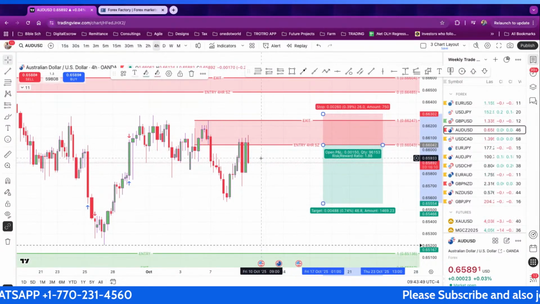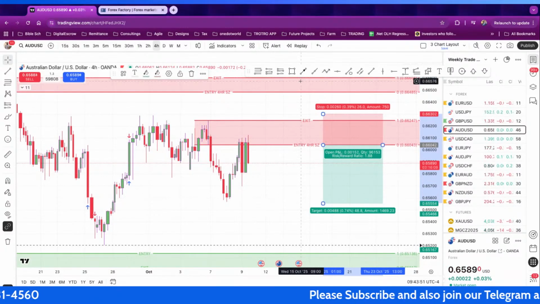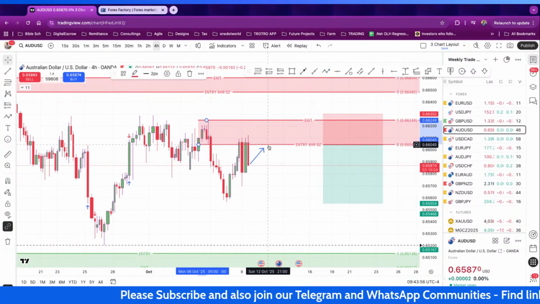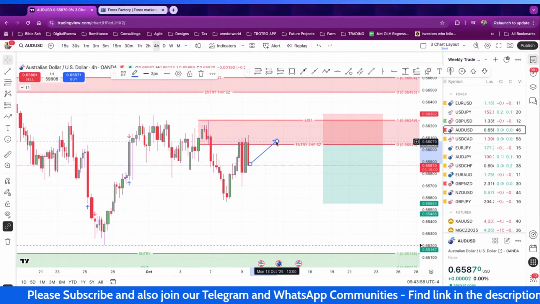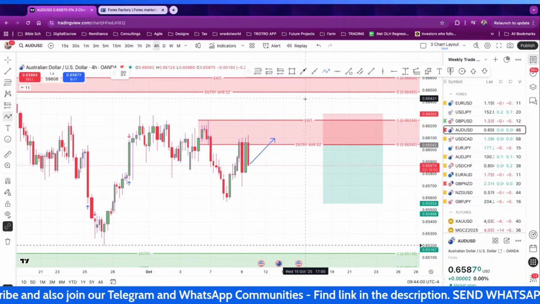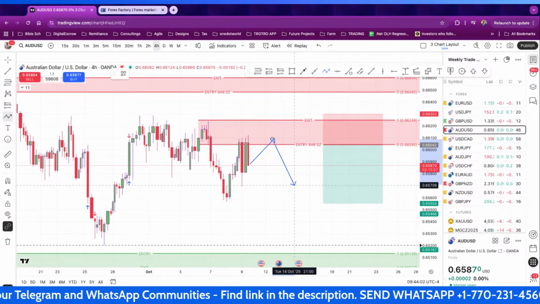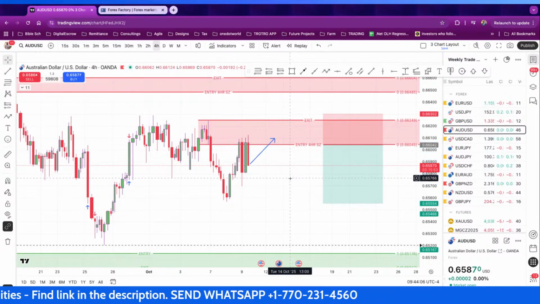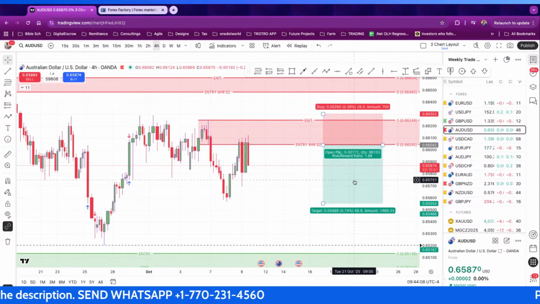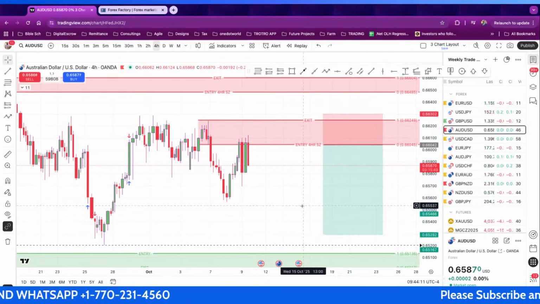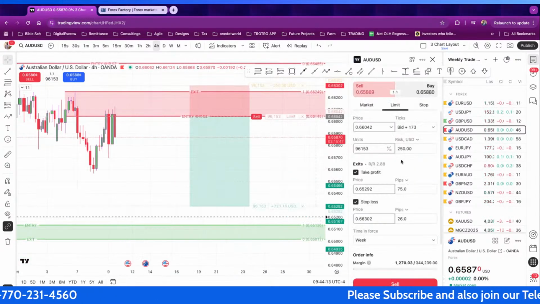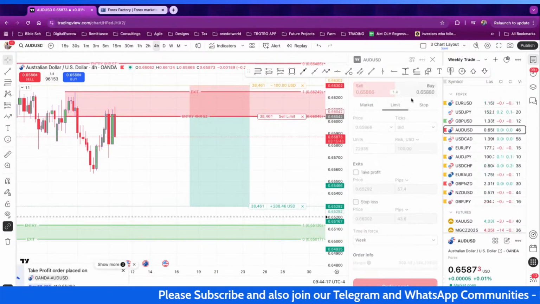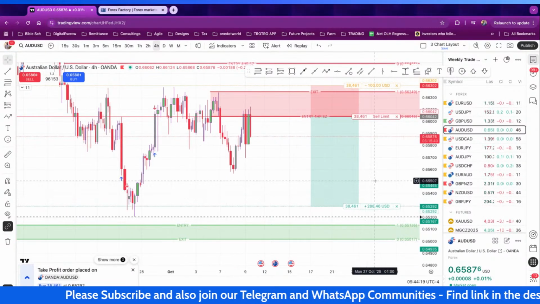If it rallies back up again into this before it moves down, then good. So gain $100. That is the maximum risk for currencies.